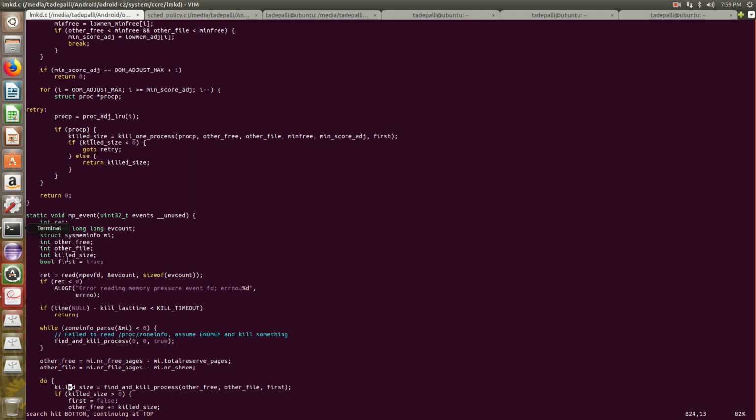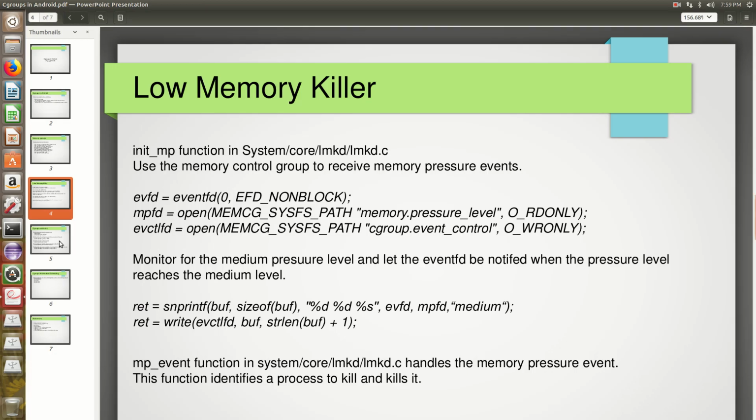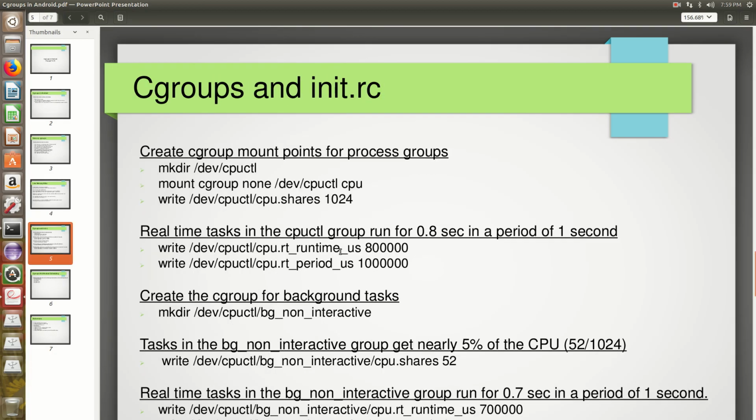Now let's go to the scheduler policy. A major part of the scheduler policy is actually handled in the init.rc, which, as I mentioned earlier. So if you see the init.rc carefully, you can see here that Android basically uses the CPU C groups to achieve the scheduling benefits, or to categorize the scheduling.